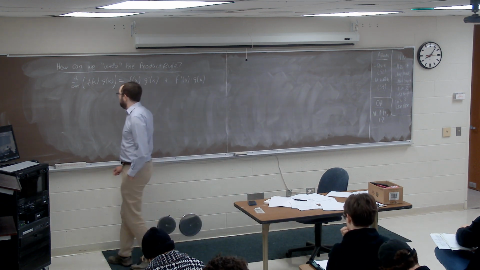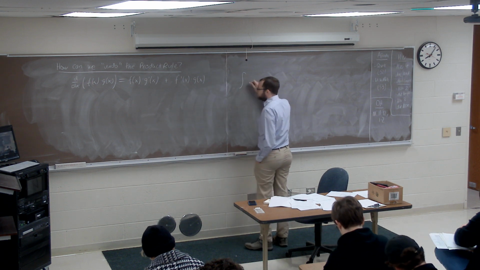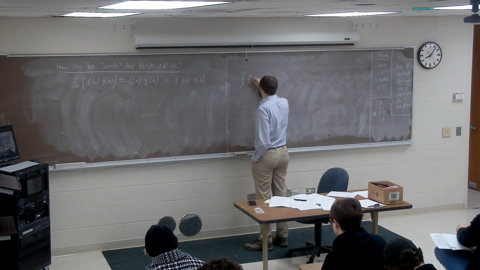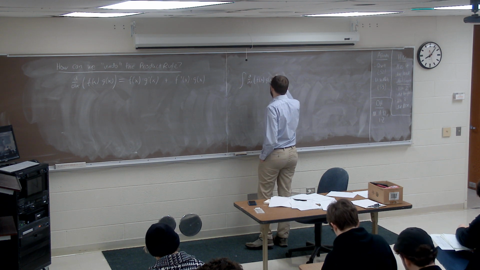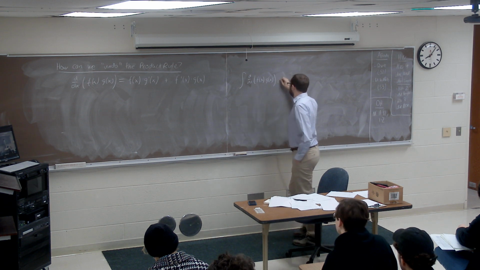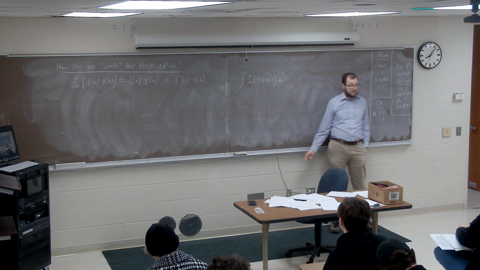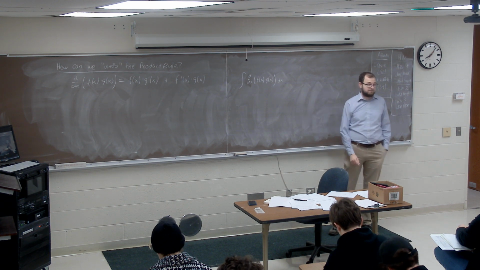If we do that, what do we get if we take the integral of the derivative of f of x times g of x? What would we expect to happen?